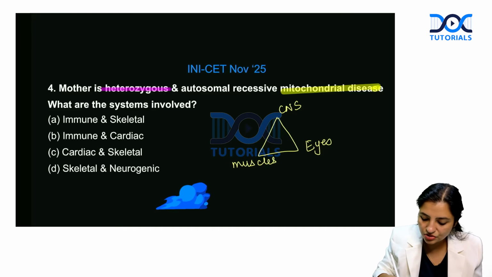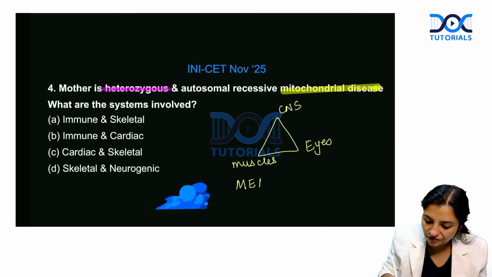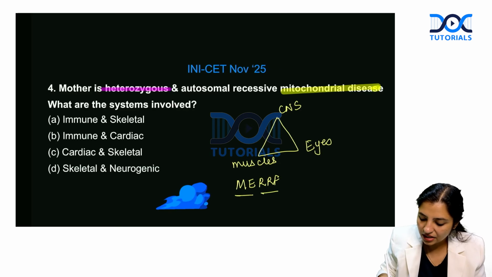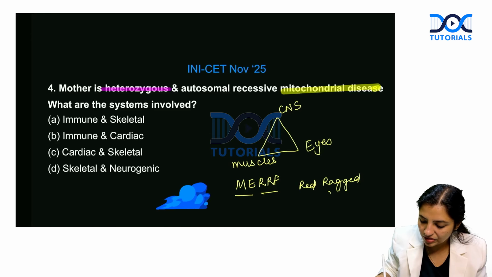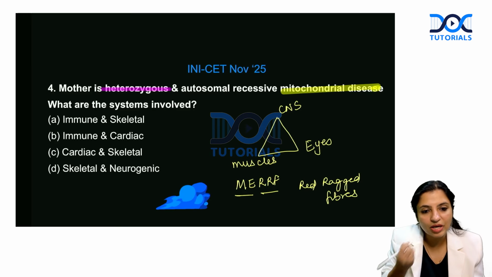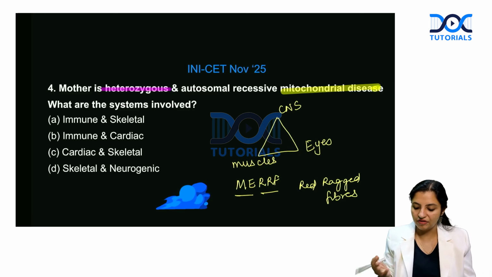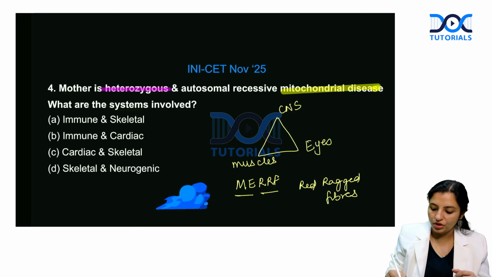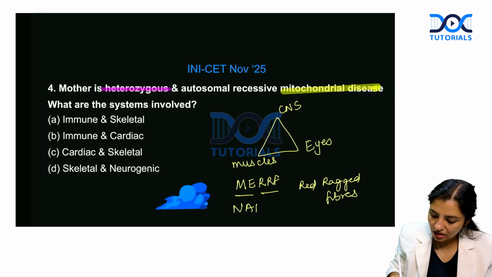If you can remember this, look at this. I will give you an example like MERRF. You can see myoclonic epilepsy and ragged red fibers. ME is always myoclonic epilepsy, and here we have ragged red fibers. So these are very typical mitochondrial defects. Look at this next, NARP.